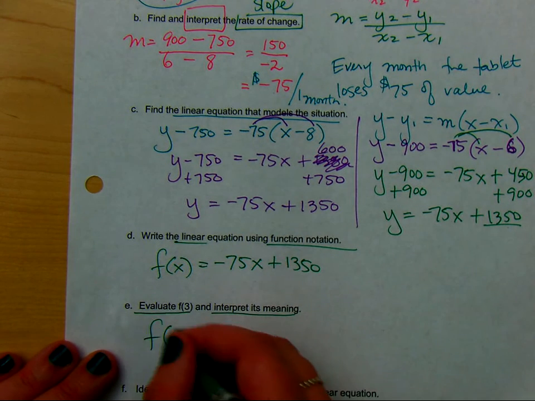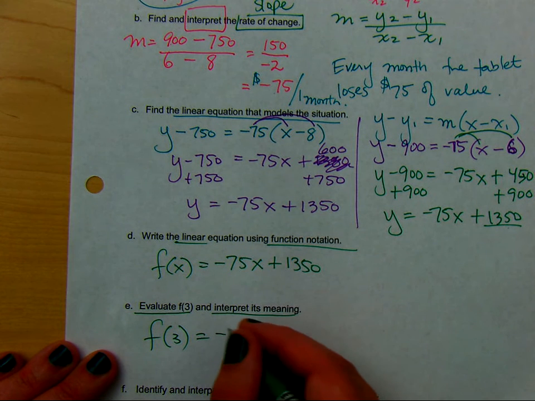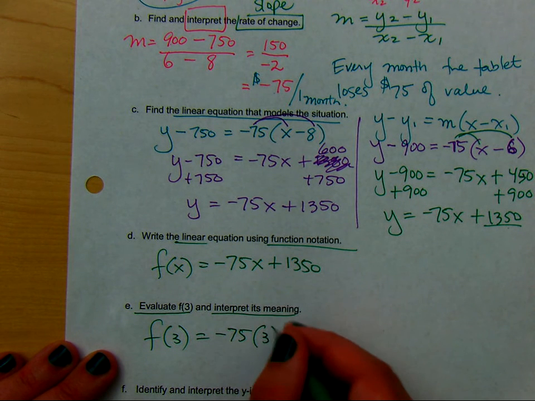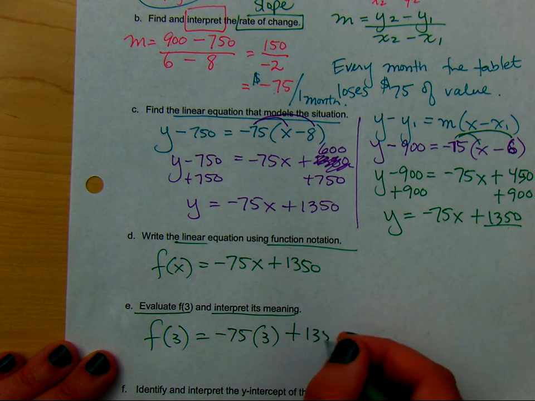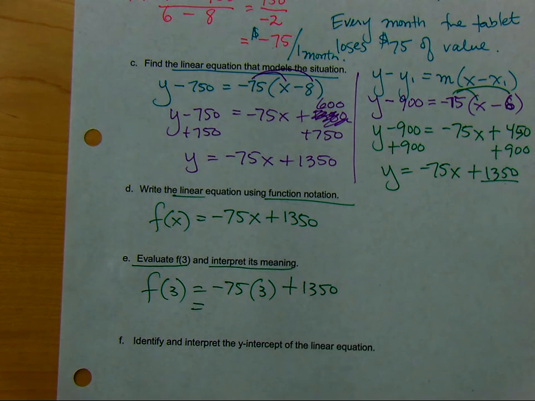So f of 3 means that everywhere we see an x, we're going to replace that with 3. This is evaluate, right? And I really should have grabbed my calculator. Oh, look, I have a little convenient one here.